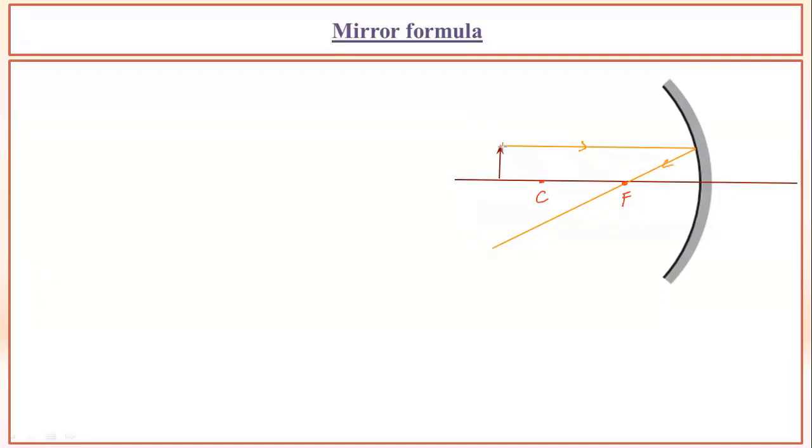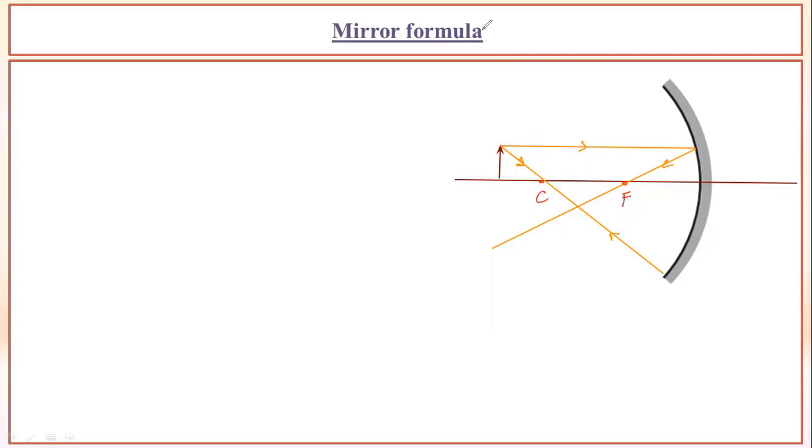The next ray I pass through the center of curvature. As I pass it through the center of curvature, you will observe that the light ray reflects back along the same path.